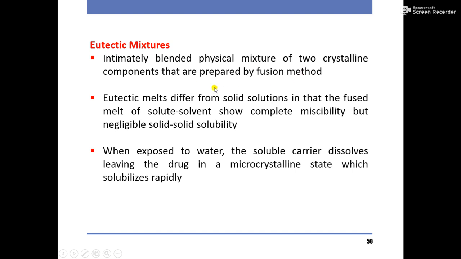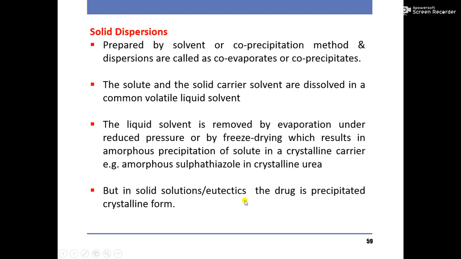Eutectic melts differ from solid solution in that the fused melt of the solute and solvent shows complete miscibility, but negligible solid solubility. When this eutectic mixture is exposed to water, the soluble carrier dissolves, leaving the drug in a microcrystalline state which solubilizes rapidly.